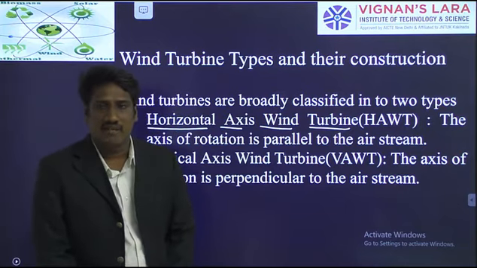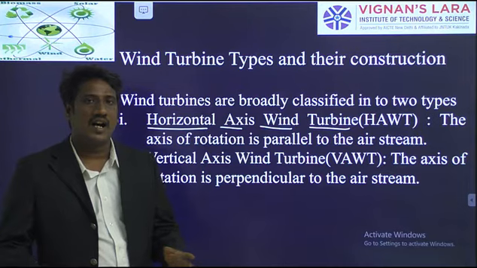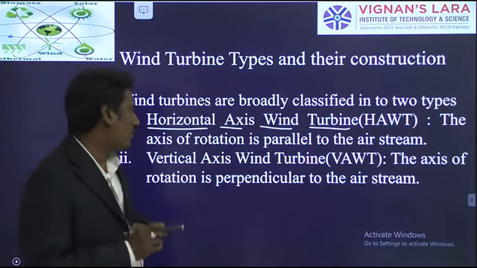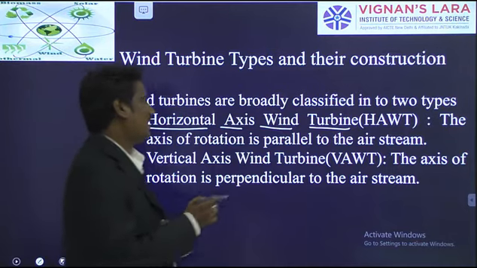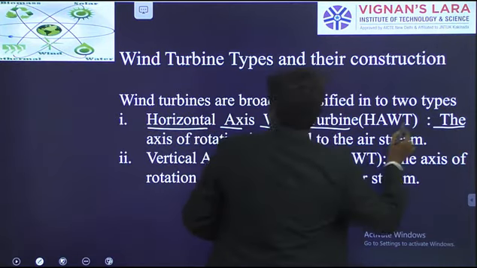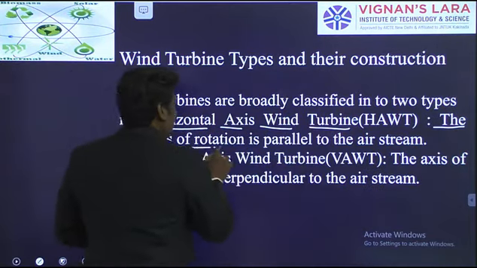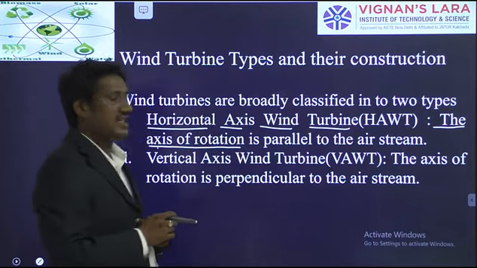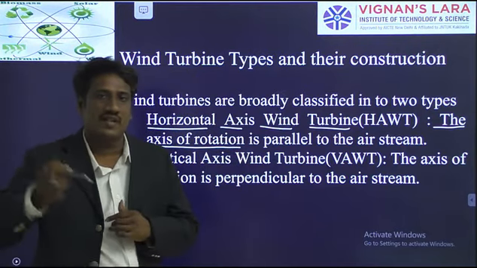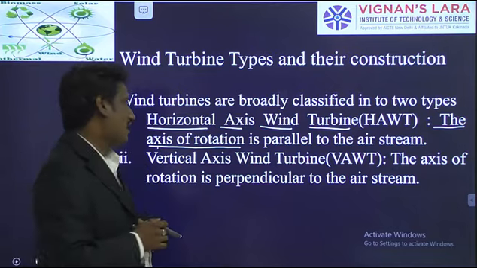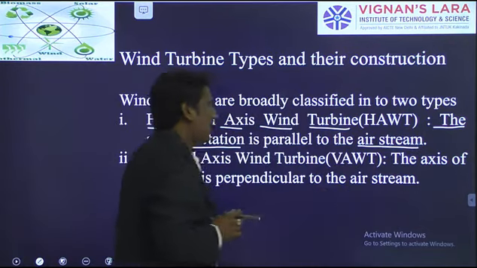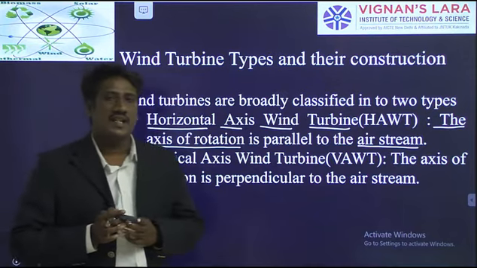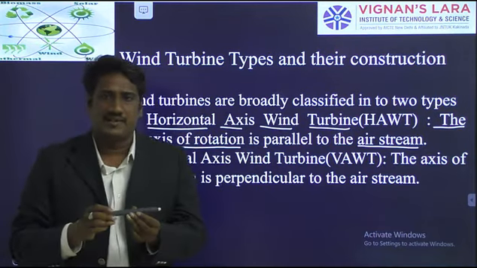Horizontal axis wind turbines are ones where the axis of rotation of the shaft is parallel to the air stream. Those are called horizontal axis wind turbines. Already you know that.